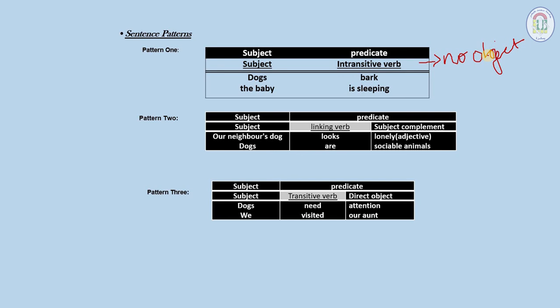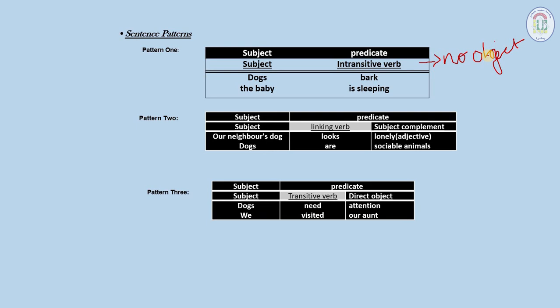In another pattern, we have a subject plus predicate, and most of the time what makes the difference between sentence patterns is the predicate. So when I say linking verb plus a subject complement, it differs. For example, our neighbor's dog looks lonely.